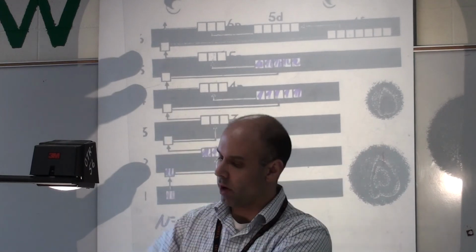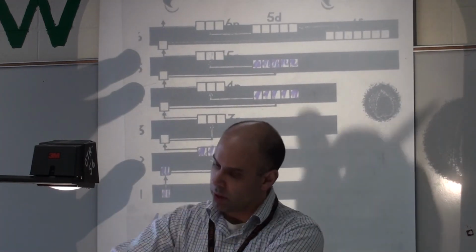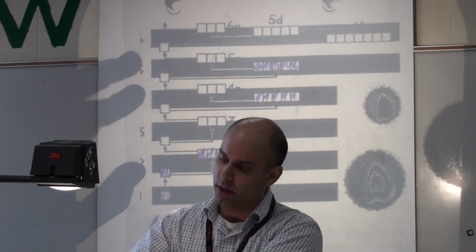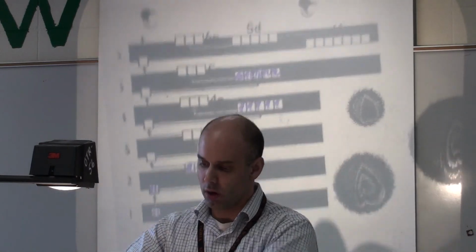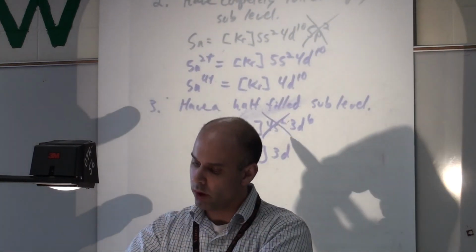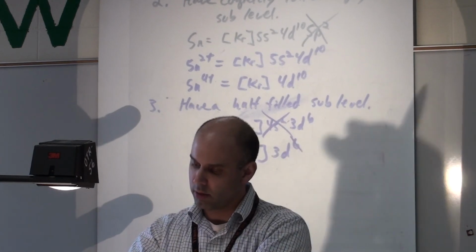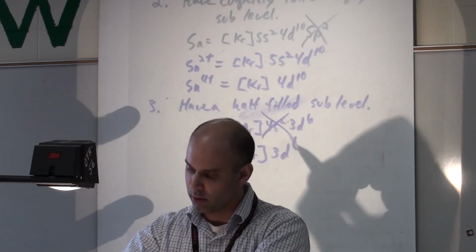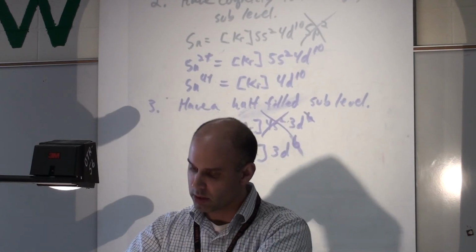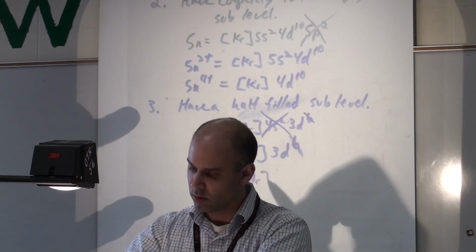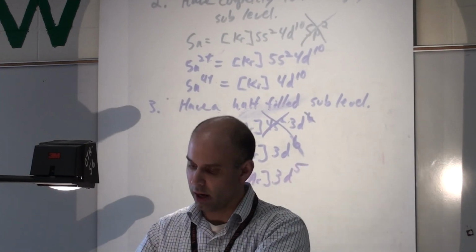I got rid of that 4s2, but I can also get rid of just 1 electron there and have a half-filled D. So if I get rid of 1 of those, I get iron 3+, 3d5.